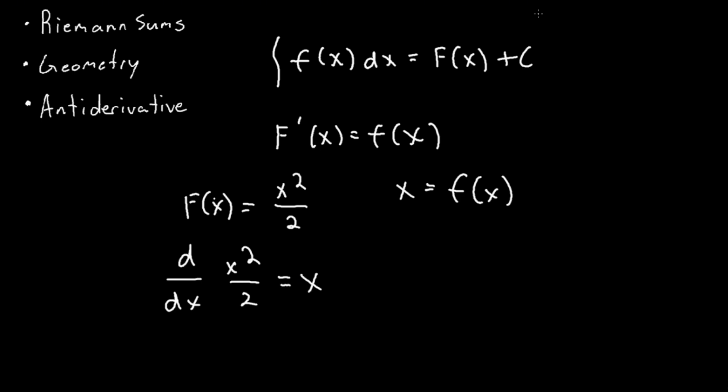The derivative of capital F, remember, is equal to your function. So your function is what you're trying to find the area under. This is the function you're going to be using for the area between your x-axis and the curve. And the capital F function will give you a function that tells you the area under the curve based on the x value you plug into that function.